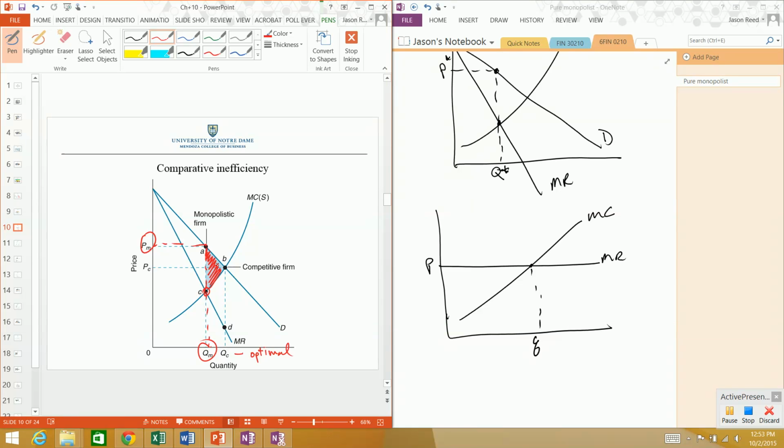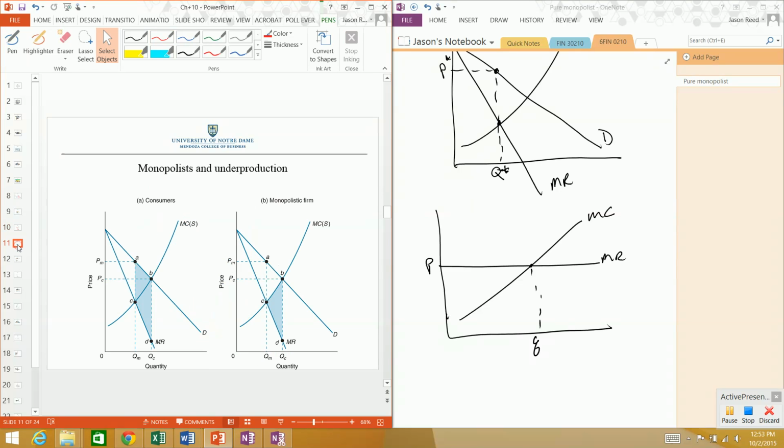So let's just assume that we can change our level of output here. Now, if we can change our level of output, why would we want to do this? What are the advantages? What are the disadvantages? In panel A, what we're essentially looking at is if monopolists expand production from QM to QC, consumers receive additional benefits. These benefits are represented underneath the demand curve, and equal the area bounded by QM, A, B, and QC.